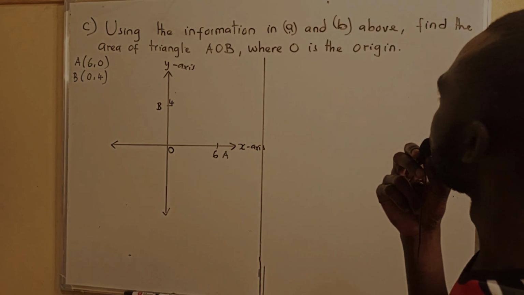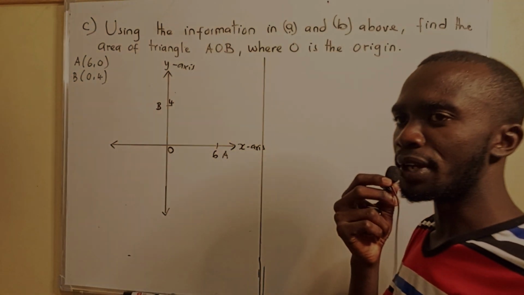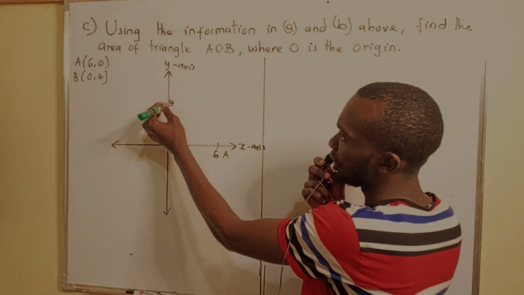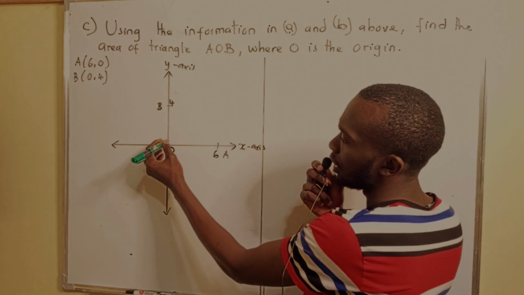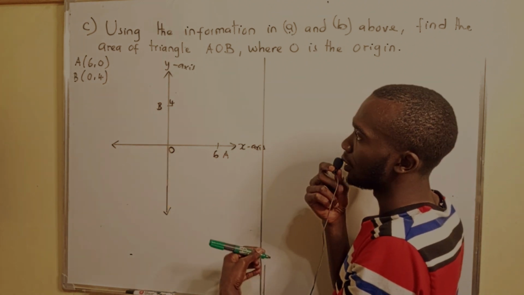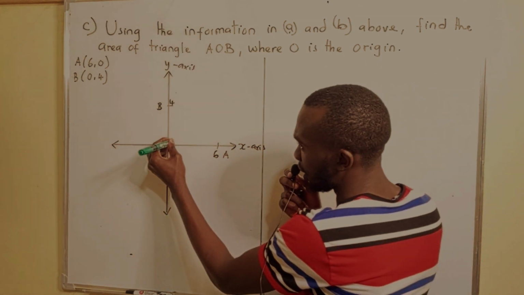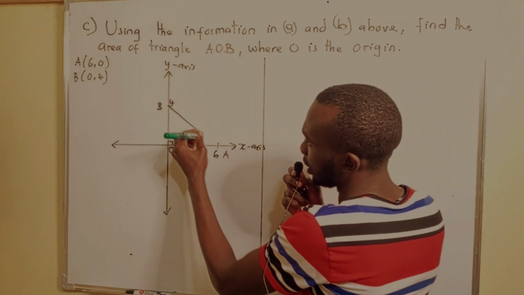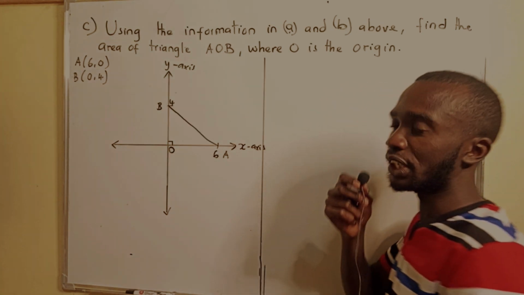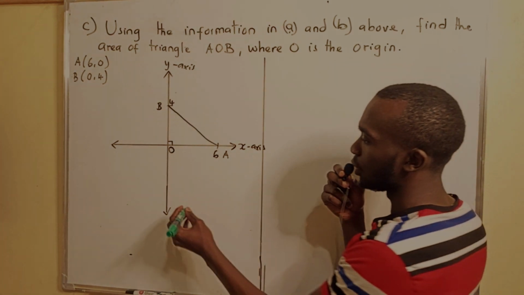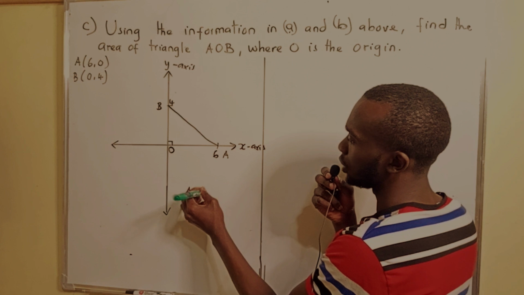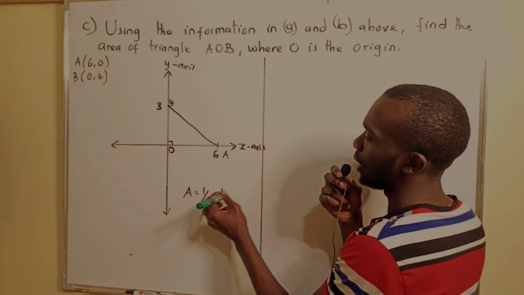Now, find the area of the triangle AOB. The angle between the y-axis and the x-axis is always 90 degrees. This angle here is 90 degrees. Now we join these points and we have a right-angled triangle. We need to get the area of this triangle. The area of the triangle is equal to a half times base times height.